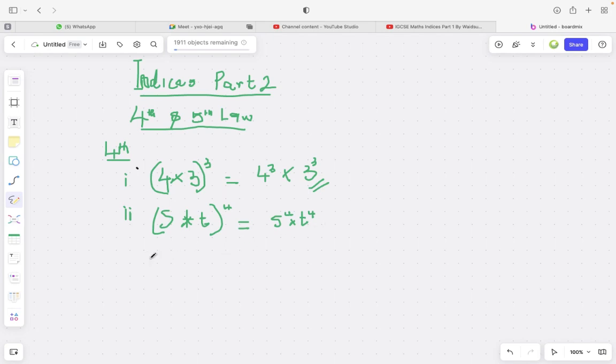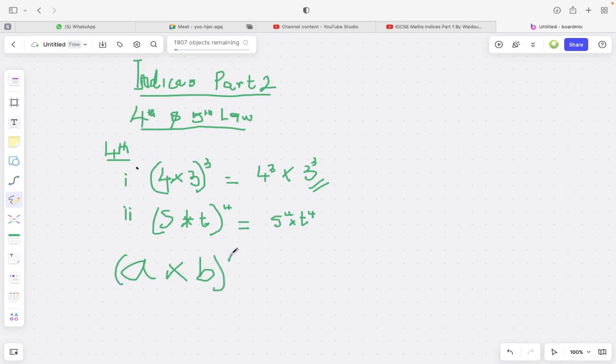Now, in summary, if you want to write the fourth law, you can simply say a multiplied by b, all to the power of n.